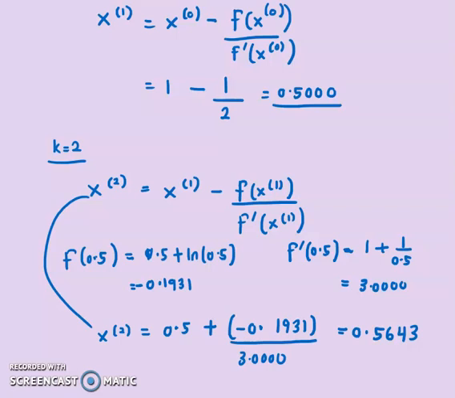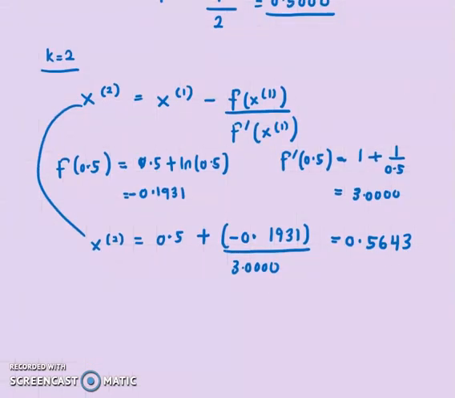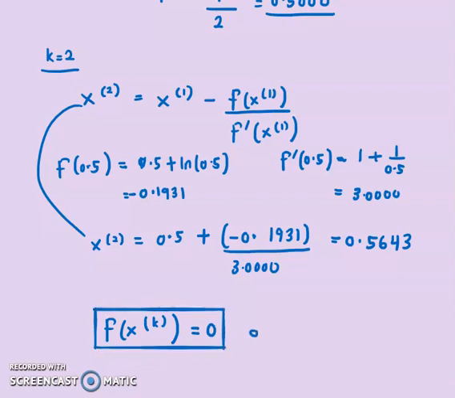So like I said, you continue the process until you obtain f of x_k equals 0, or the magnitude of f of x_k is less than epsilon.